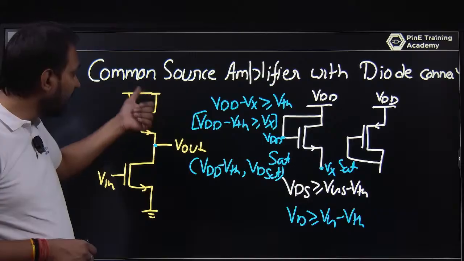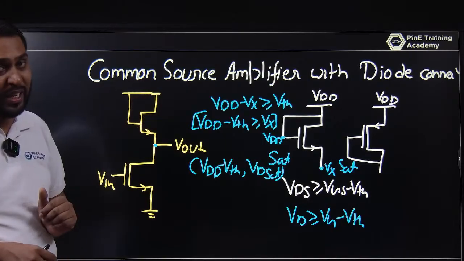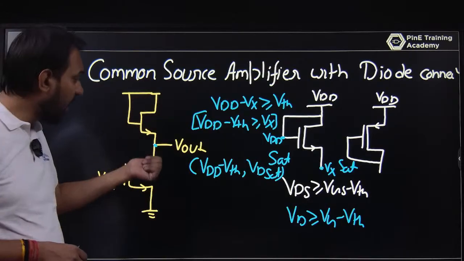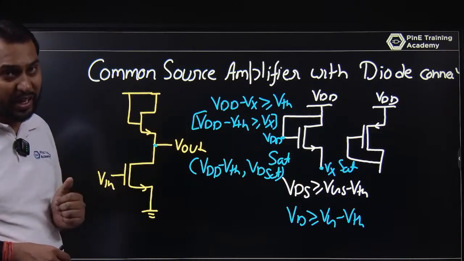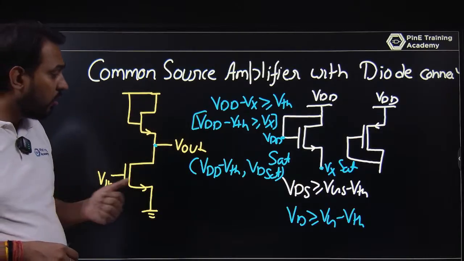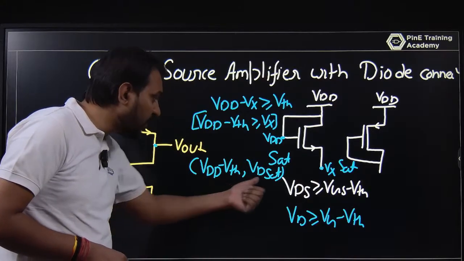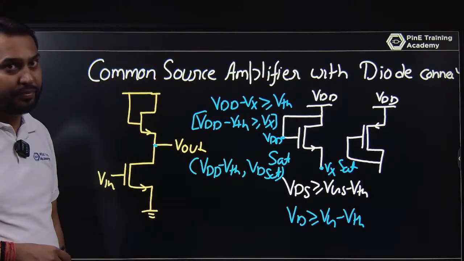If it is less than that, the MOSFET is on and maintained in the saturation region. Vx never goes above VDD minus VTH. So it lies between VDD minus VTH and VD sat.